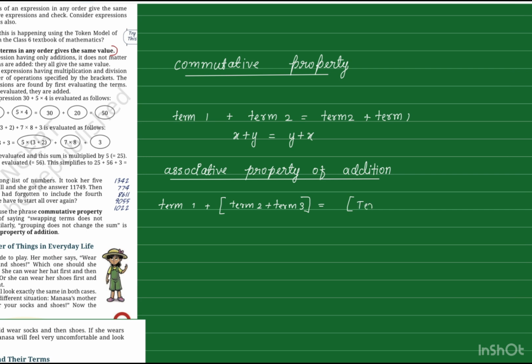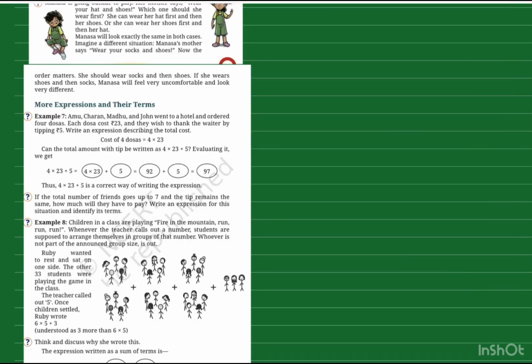Associative property states that term 1 plus, in brackets, term 2 plus term 3, the sum will be equal if we add first term 1 plus term 2, then add term 3. In terms of x, y, z, we can say that x plus (y plus z) is equal to (x plus y) plus z.